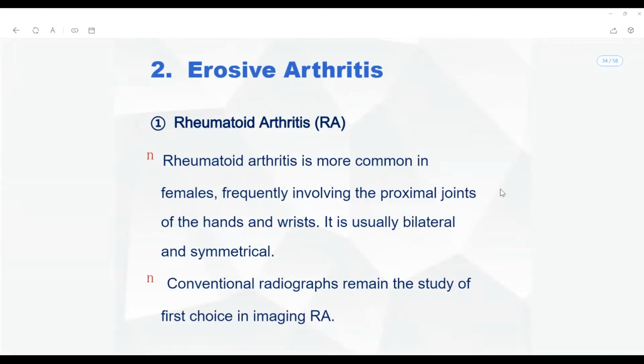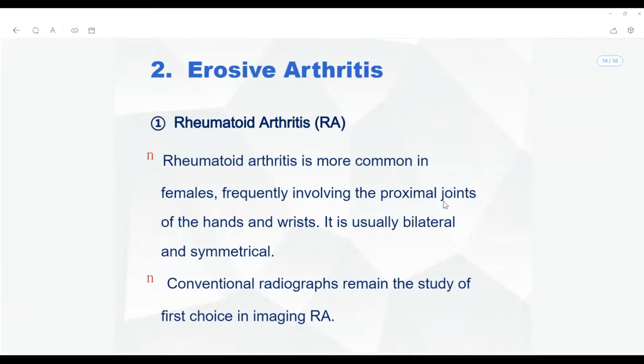Rheumatoid arthritis is a fairly elderly disease, a geriatric disease, and it is more common in females. It is also characterized by a very peculiar feature: it frequently involves the proximal joints of the hands and wrists.